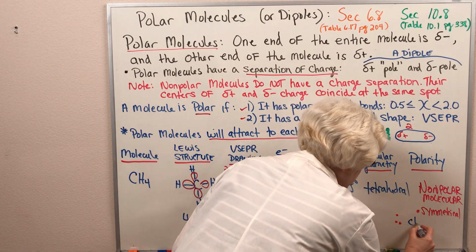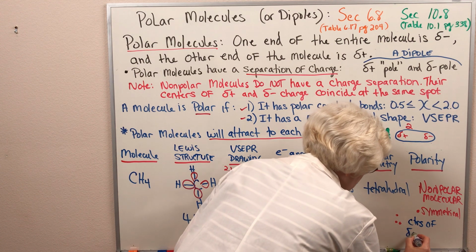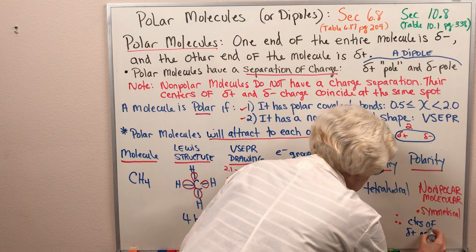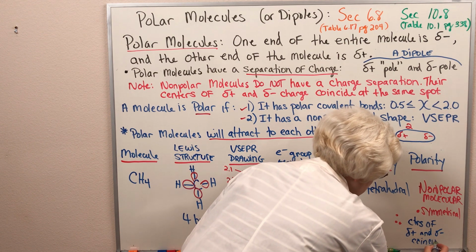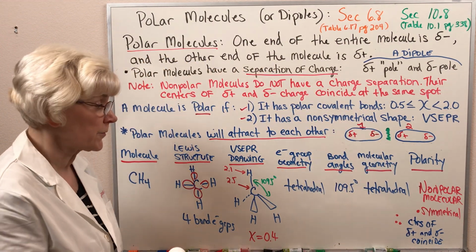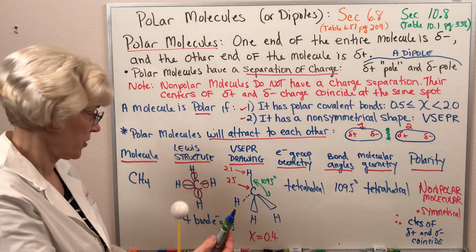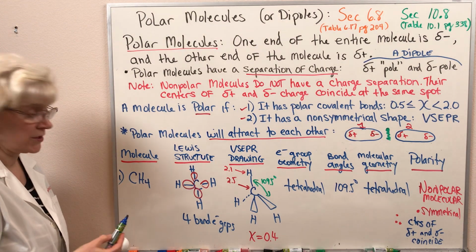So the centers of partial positive and partial negative coincide. It does not have a charge separation over its entire structure. So that's our first example, the methane molecule.